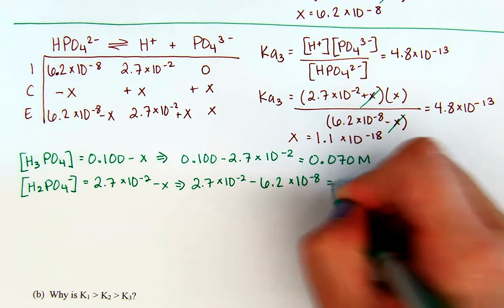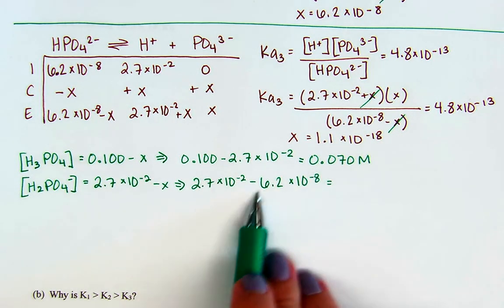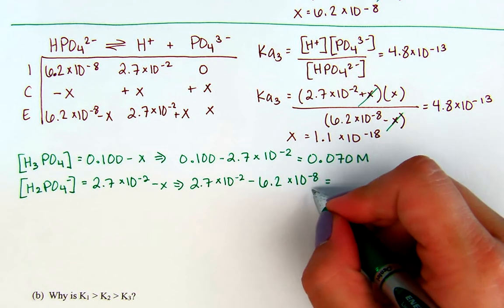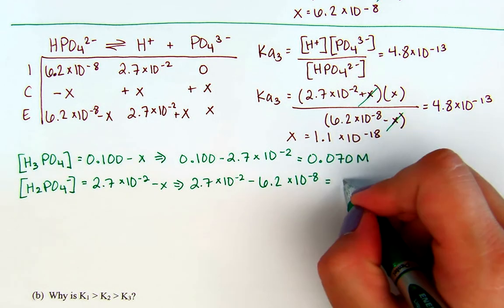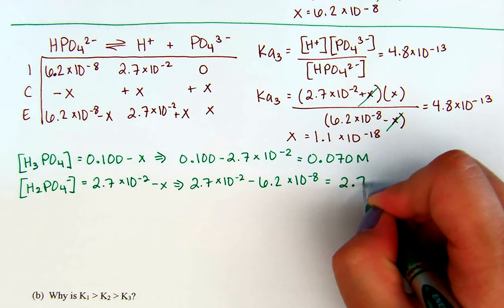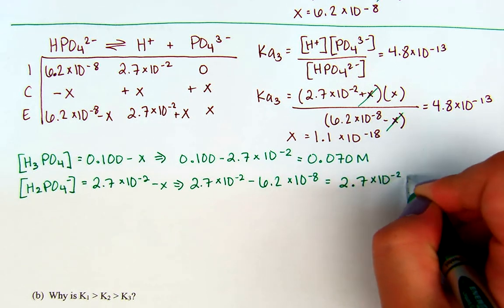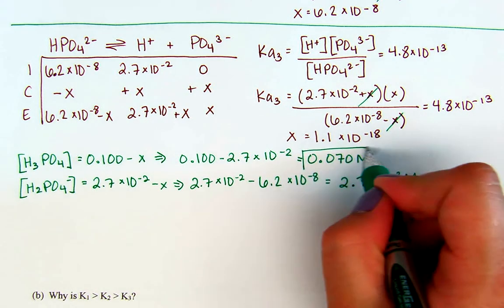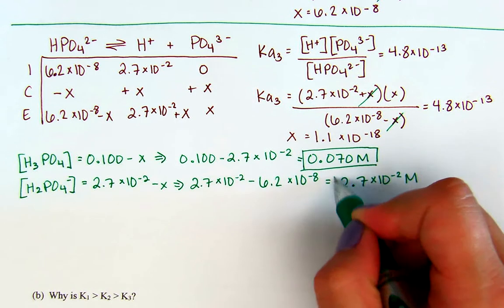If you plug that into your calculator, you will see that this x really didn't make a difference at all. And so you still have 2.7 times 10 to the negative 2 molar. This number is just too tiny to even make a dent when we care about sig figs. So that's your answer for this one. I'm going to put boxes around these so we can see where we're ending up here.